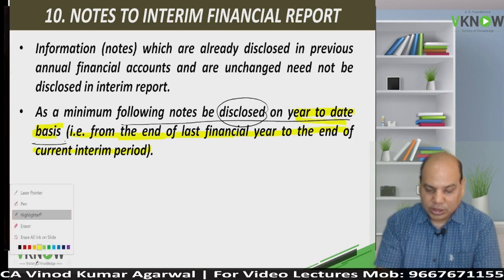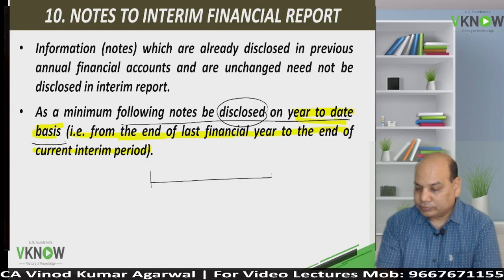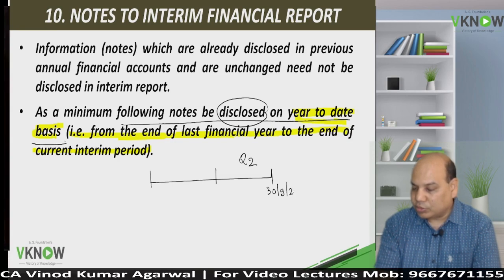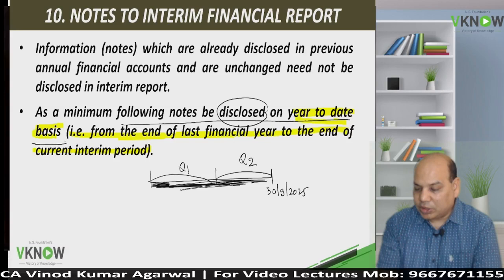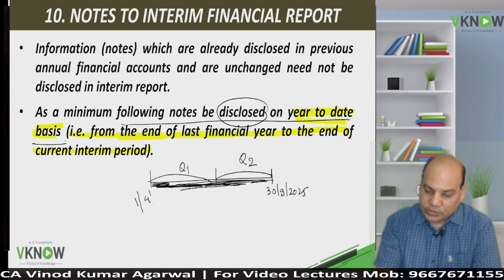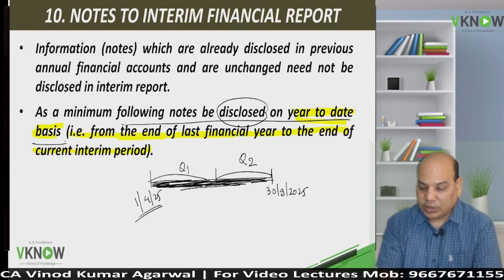Example, a year to date means, suppose I am preparing second quarter report. This is quarter 2, this is quarter 1. So my notes will contain information covering the period 1st April 25 to 30th September 25.